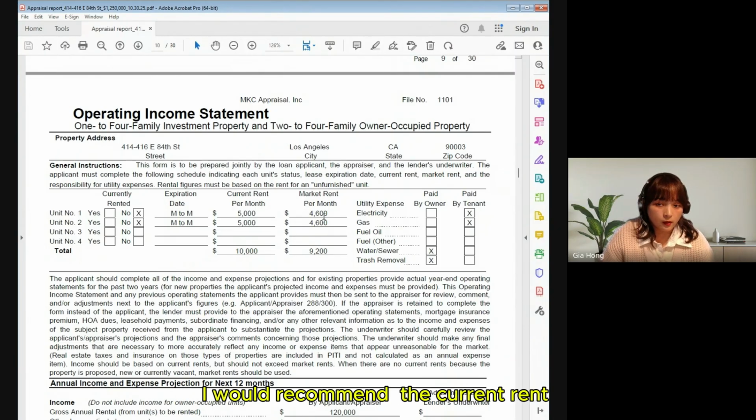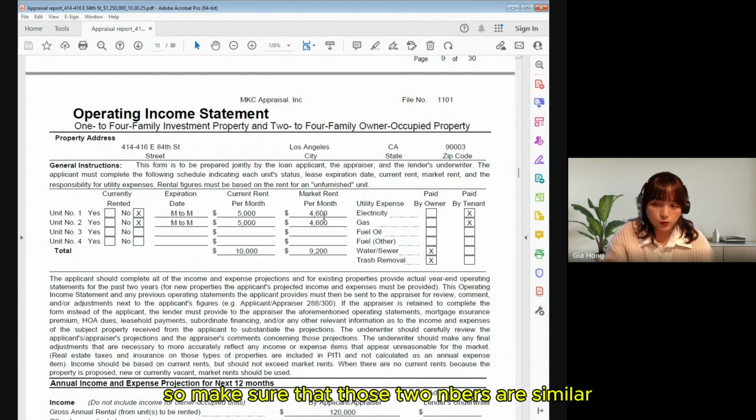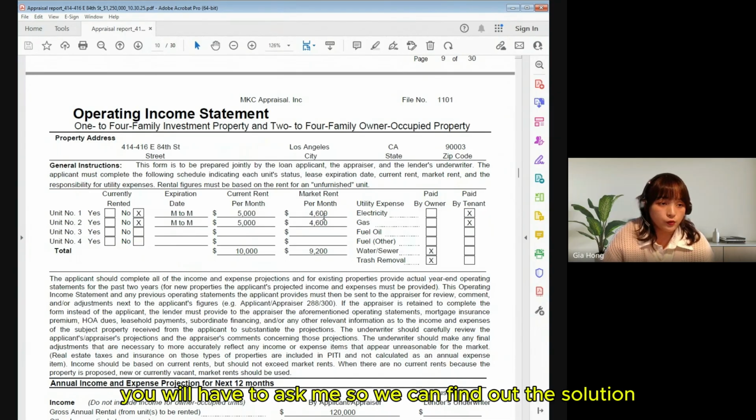I would recommend the current rent be similar or maybe lower, because some investors do take the higher amount between the actual rent and market rent, but some investors do not take the market rent if that's higher. So make sure those two numbers are similar. If they're too different, you will have to ask me so we can find a solution.